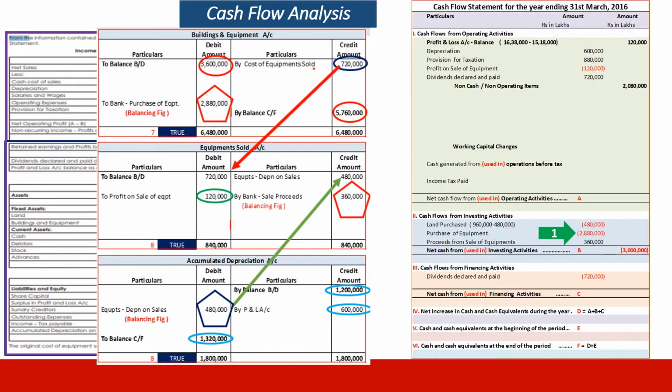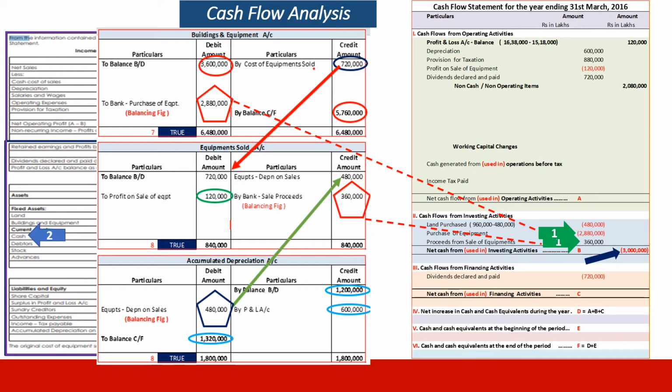Purchase of equipment 28,80,000 as we calculated. Then 3,60,000 is the amount received from sale of assets, and with that we have covered fixed assets under investing activities. We can put the subtotal of 30 lakhs as the net outflow under investing activities.